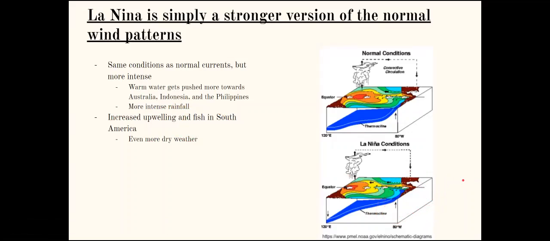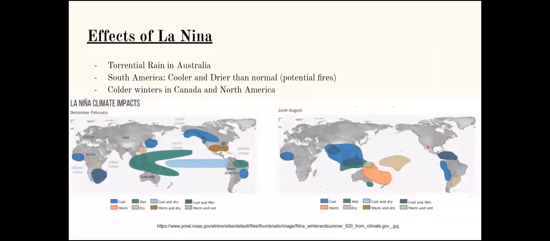And now, even though these are technically the normal conditions, it's more of it, which is not necessarily a good thing. So what can happen in this case is that Australia might experience too much rainfall or torrential rainfall, which they might not be prepared for. South America, cooler and drier than normal temperatures might result in fires and even droughts.